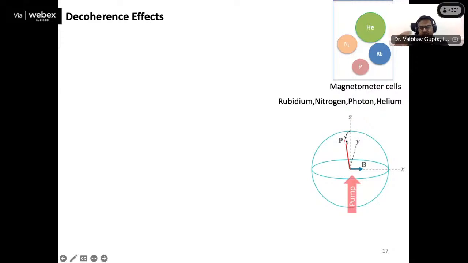Inside the whole cell there is a lot of rubidium, and the overall spin is something like this. This total spin in one particular direction, or let's say the polarization. In the end it is the polarization. If all the spin is oriented in one direction, the polarization is in that particular direction.